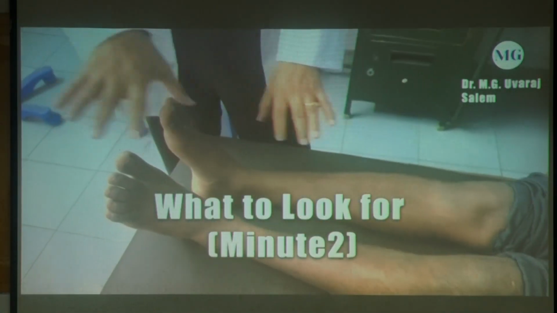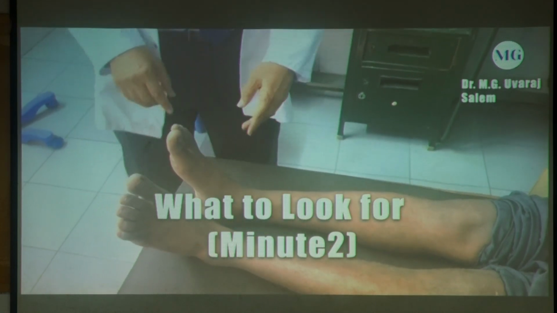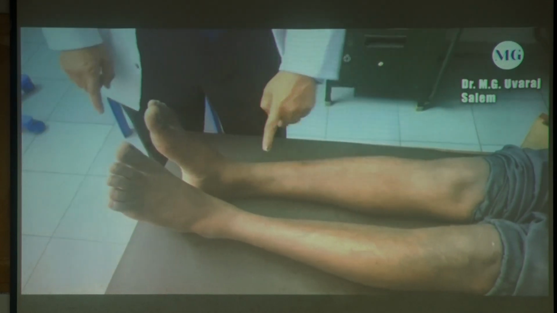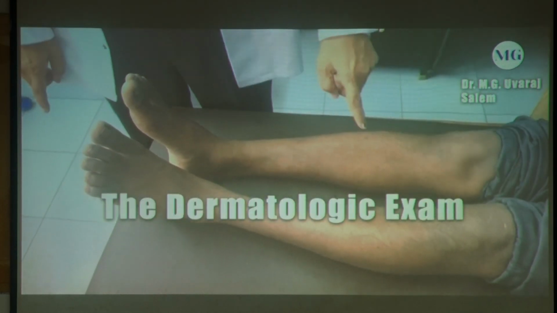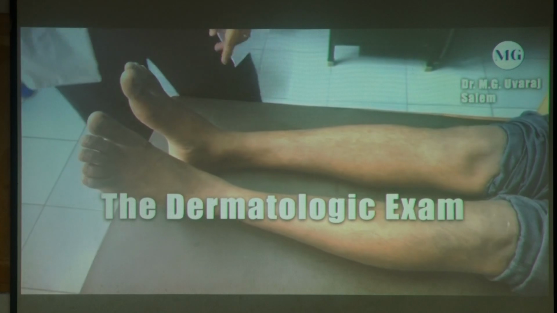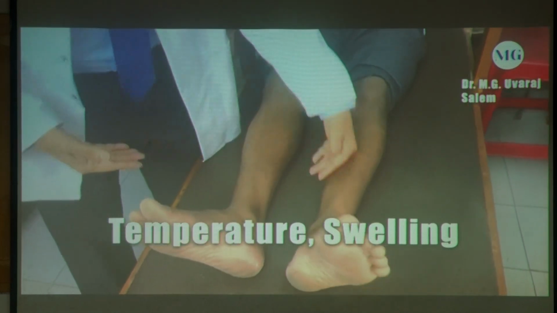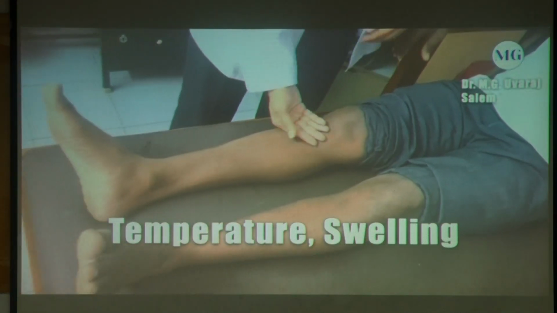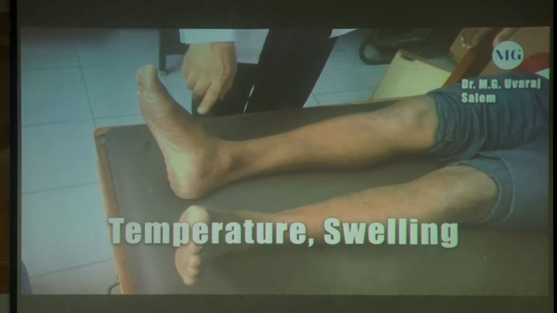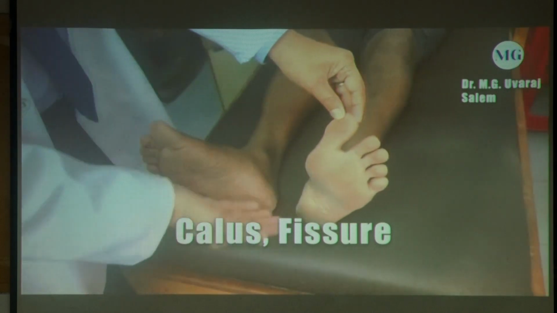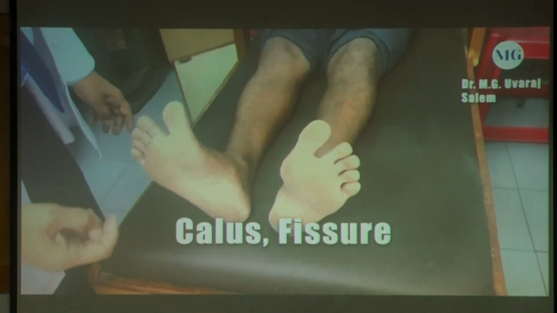This has to be examined regularly. Examine the skin health. Skin is very important: any hair growth, any dry skin, any roughness, any dryness of the skin. Temperature should be checked. Callus, fissures, each interdigital space has to be examined.